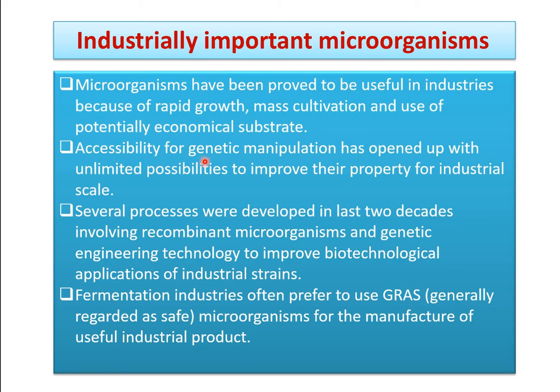Then accessibility for genetic manipulation means industrially important microorganisms can be genetically manipulated. With the advancement of genetic engineering, there have been unlimited possibilities that can improve their properties for industrial purposes at the industrial scale.